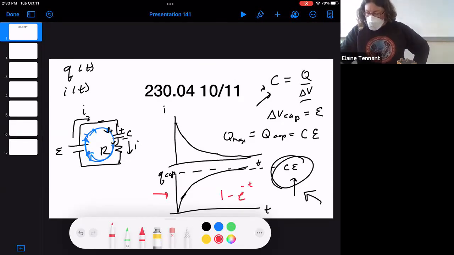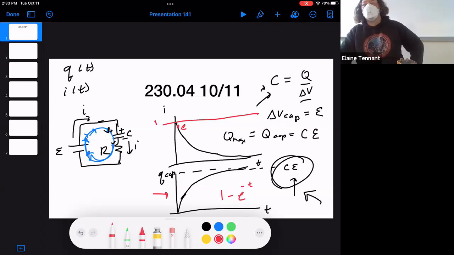Basically, you're taking the 1 and subtracting off the e. Does that make sense? So it should just look inverted from your e to the negative x. Okay, I got some nods.